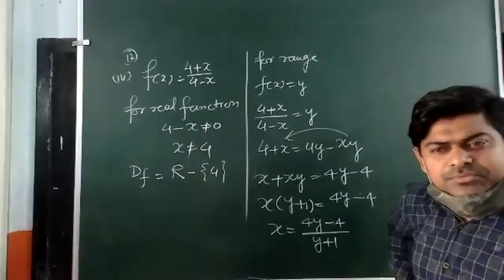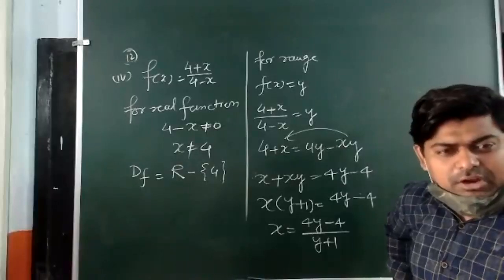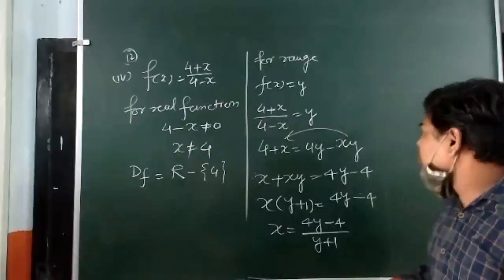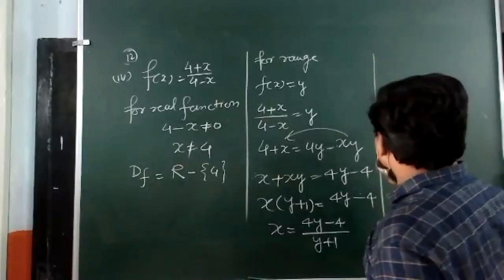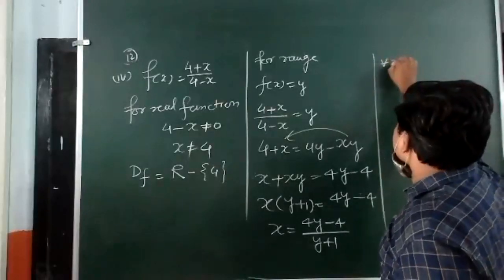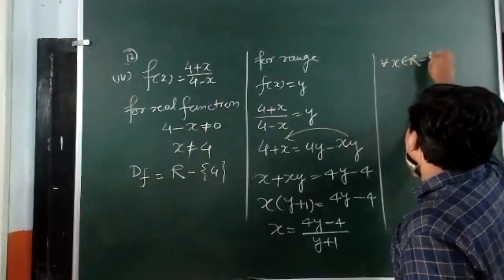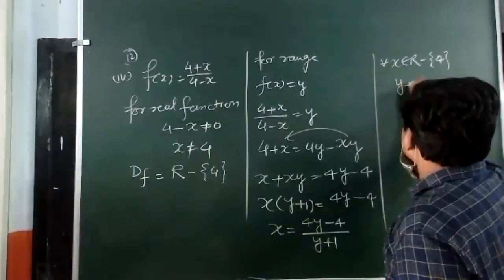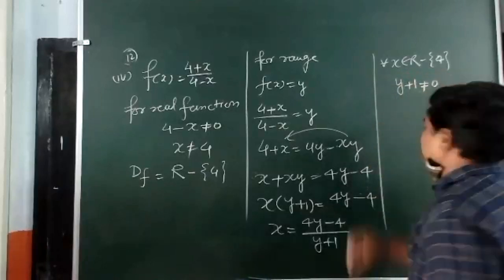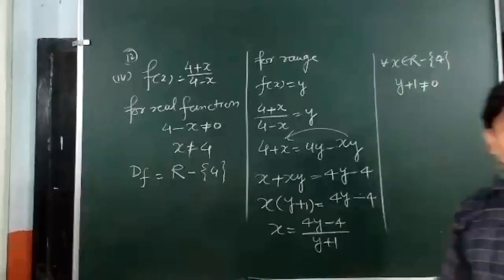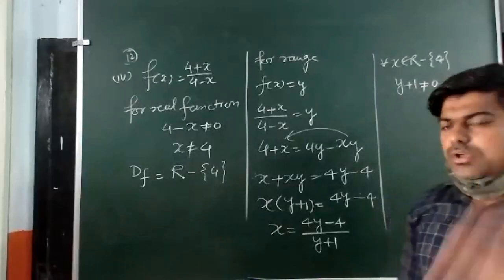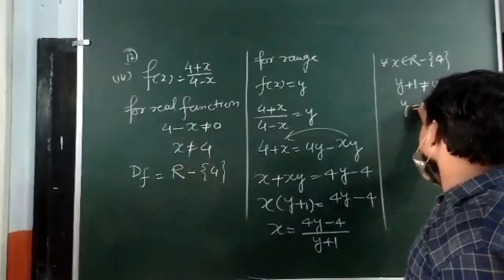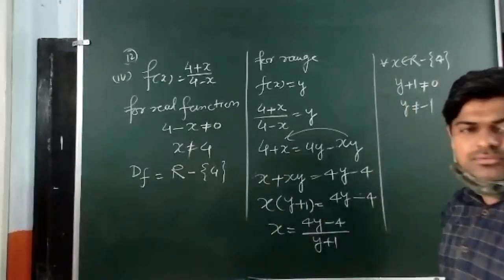No, it will be undefined. So what should I do? For every x belonging to R minus 4, y plus 1 should not be equal to 0. It means y is not equal to minus 1.